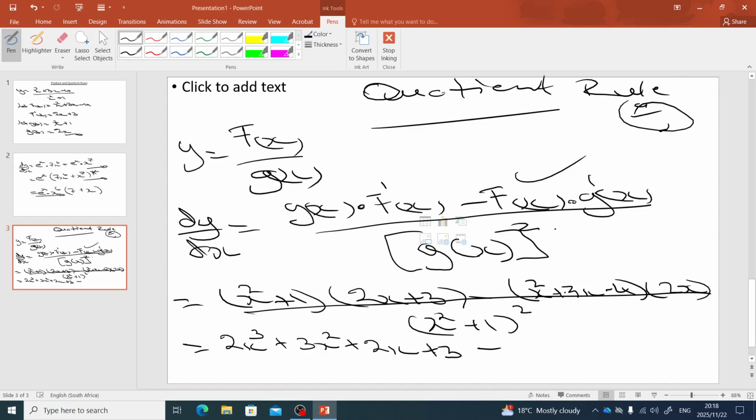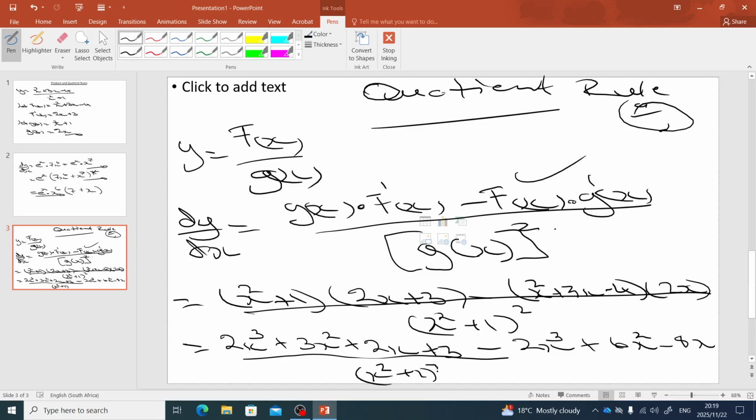Minus, you come this side. 2x multiplied by x squared will be 2x cubed, plus 2 multiplied by 3x, it will be 6x squared, then 2x multiplied by 4 will be minus 8x. Divide by, don't forget that at the bottom we are having the division. The division that we are having at the bottom, don't forget that. It is open bracket x squared plus 1 close bracket, squared.